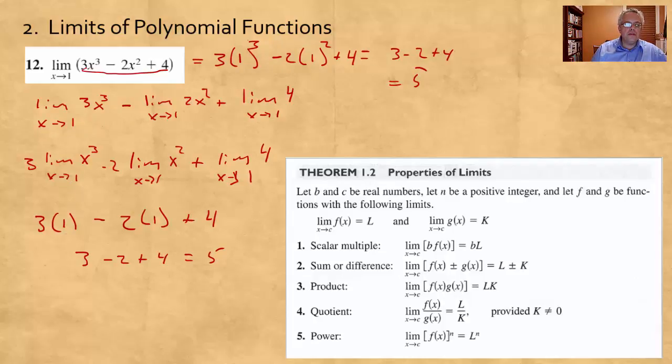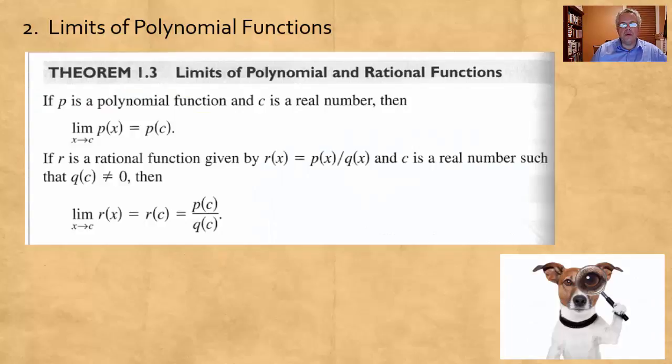All right, so that brings me to this property we see in the book. It says if p is a polynomial function and c is a real number, then the limit as x approaches c of the polynomial is just the polynomial evaluated at c. So these limits are really nice. We just substitute the point we're taking the limit towards into the polynomial, and we're done.